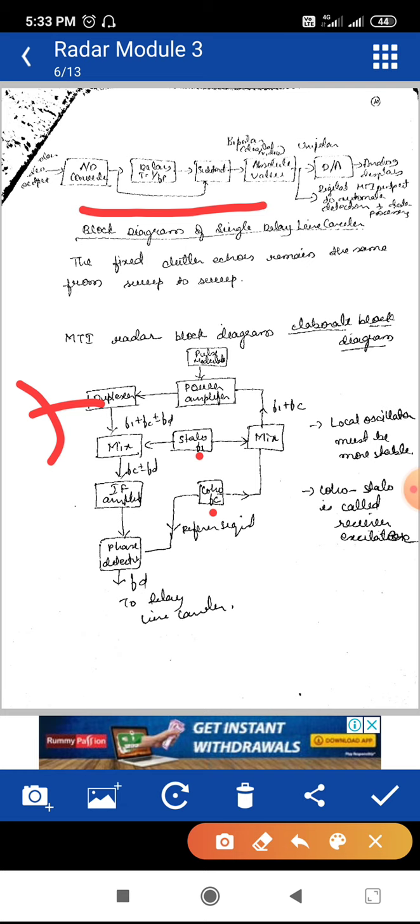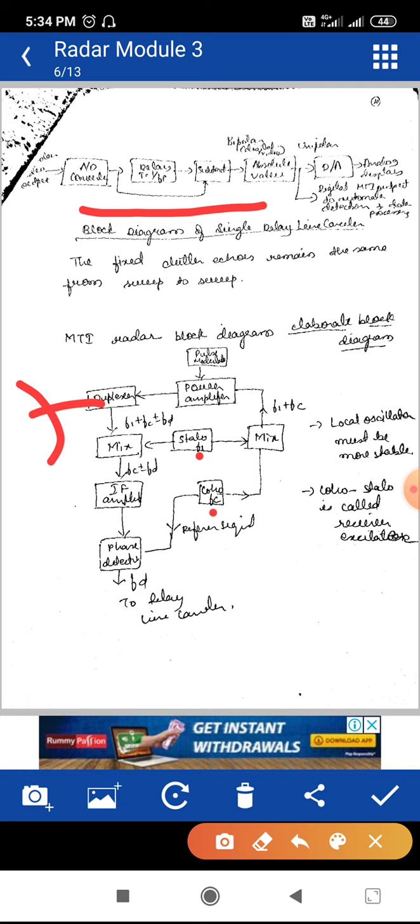The Doppler filter might be a single delay line canceller. We can go for a single delay line canceller or a multiple delay line canceller for getting accurate output. So we give the Doppler frequency shifted signal, that is FD, whatever phase shift we have got, to the delay line canceller for getting the exact location of the moving target.